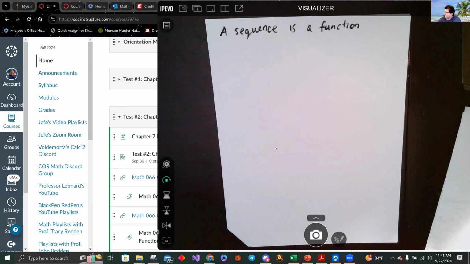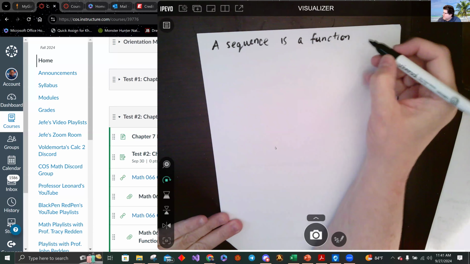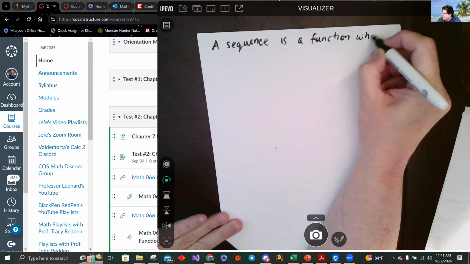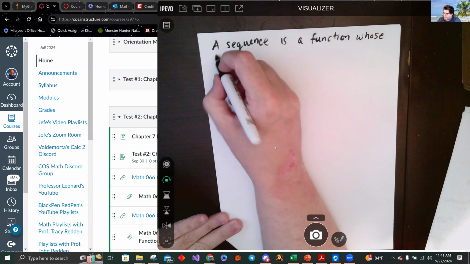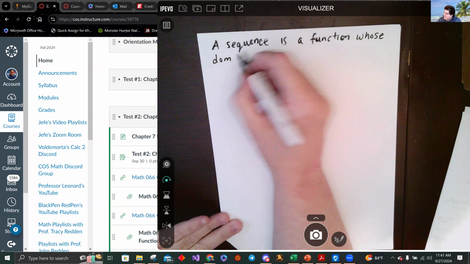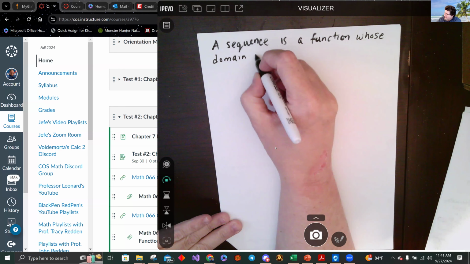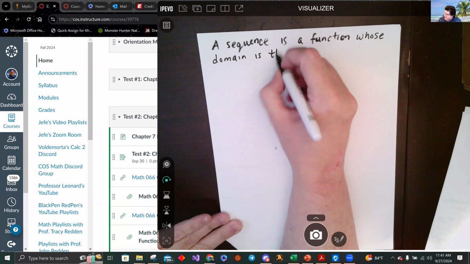The sequence is a function whose domain is the set of positive integers.